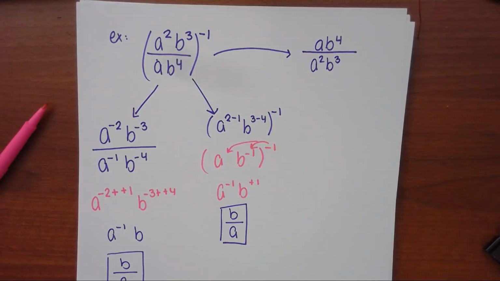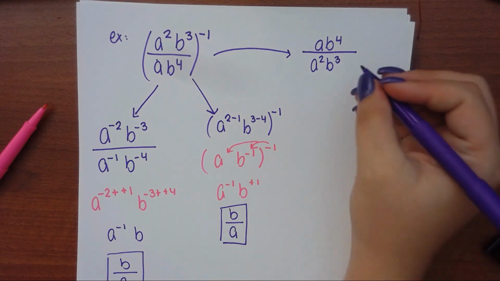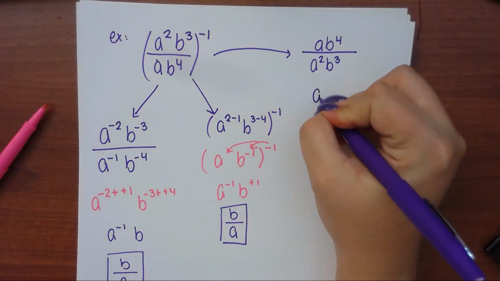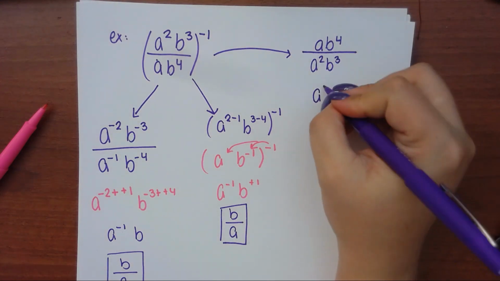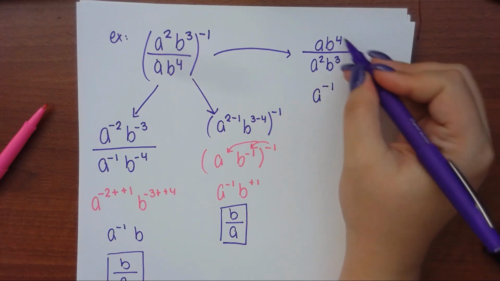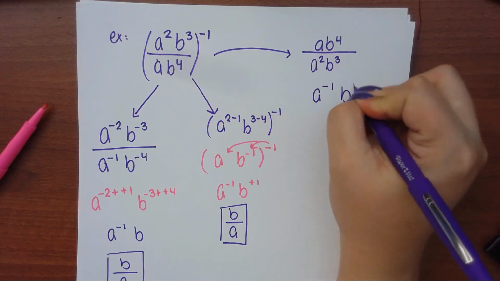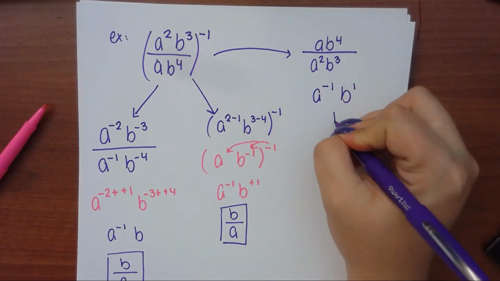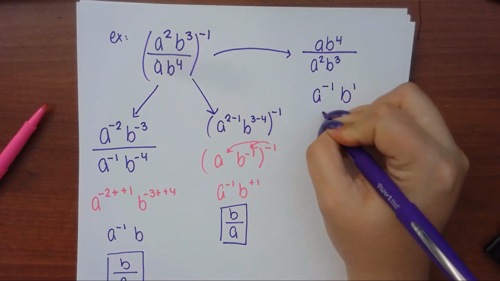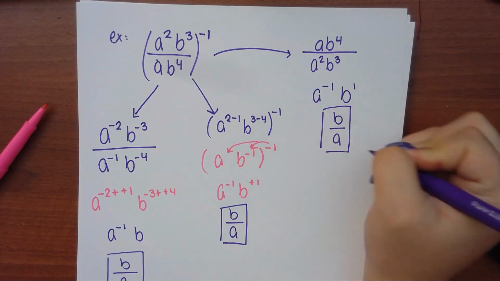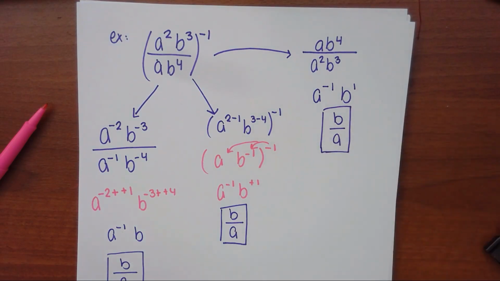If I subtract these exponents, I'm going to take a to the 1st minus 2, which gives me negative 1, and b to the 4th minus 3, which gives me b to the 1st, and that is once again going to give me b over a. So there's 3 different ways to do this problem. All are correct. They'll get you to the correct answer, and it's really up to you which one you prefer.